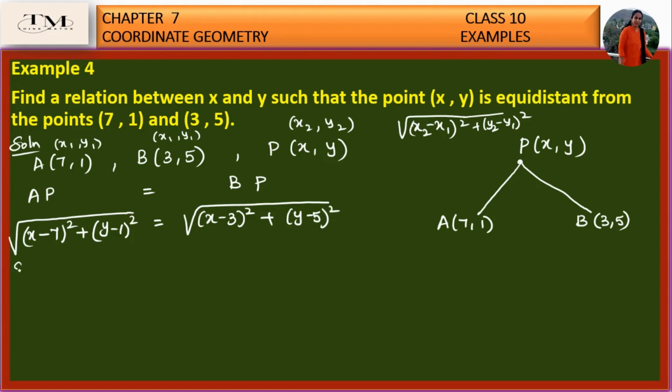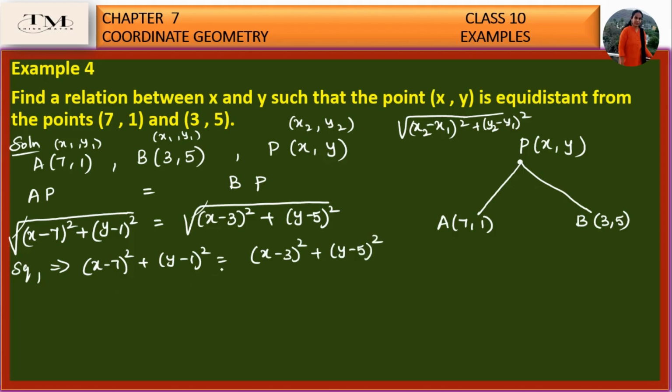On squaring both sides, these roots will get cancelled. So you will get x minus 7 whole square plus y minus 1 whole square equal to x minus 3 whole square plus y minus 5 whole square.